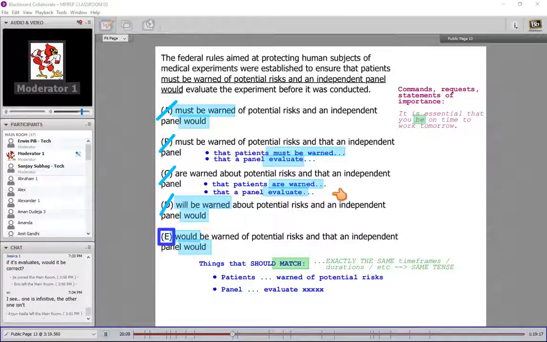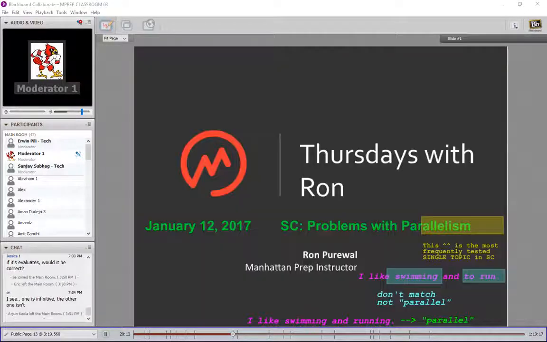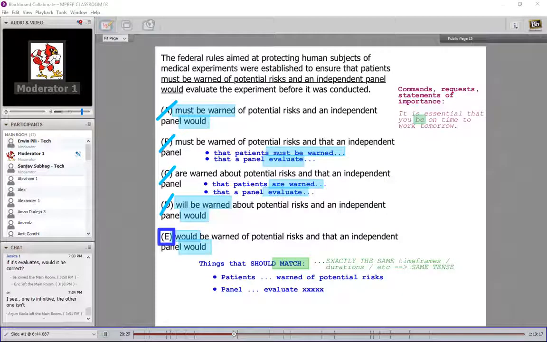Then you should make a very simple sentence, simple in the same way that these are simple here. These illustrate parallelism, and they illustrate absolutely nothing else. These are the kinds of sentences you should make up yourself. But what you should not ever do is make up your own versions of problems that GMAC gave you.